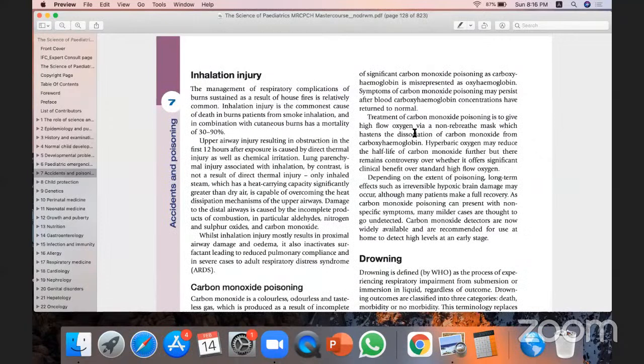Treatment is high flow oxygen via a non-rebreathable mask and hyperbaric oxygen, depending on the extent of poisoning. The long-term effect of carbon monoxide poisoning is hypoxic brain damage, and this question came in the exam. So just like perinatal asphyxia, it is also dangerous for children.